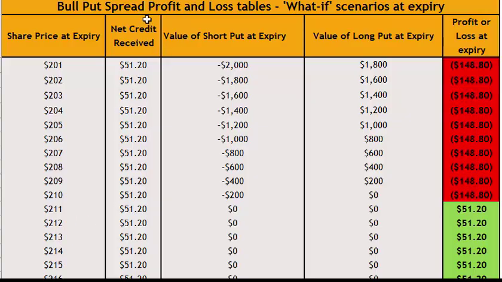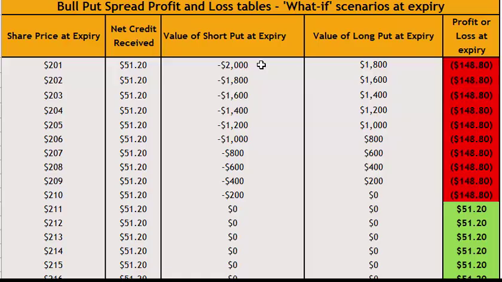So the first thing we put in here is the net credit we've received for the entire trade, which is 51.20. And then we've got two put options to consider that are now at expiry. So if the share price is at 201, you can see we have a value in here of minus $2,000. Where did we get that from? Well, remember, the short put is at the $211 strike. And if the share price is at 201, that means that put option is $10 in the money, or in other words, has $10 of value in it.